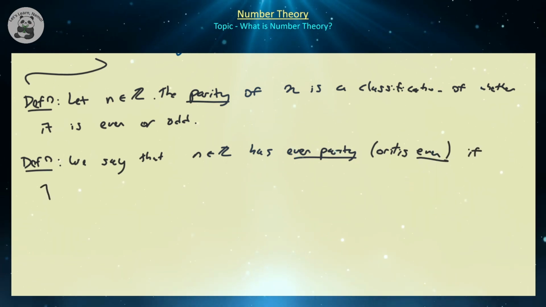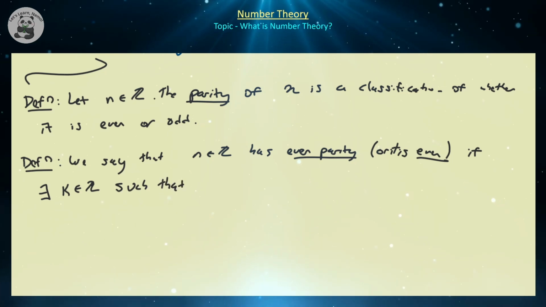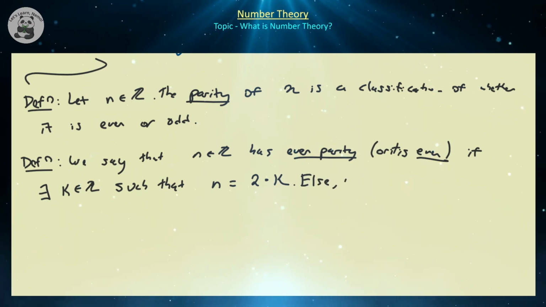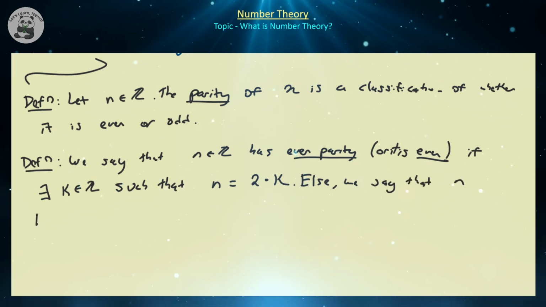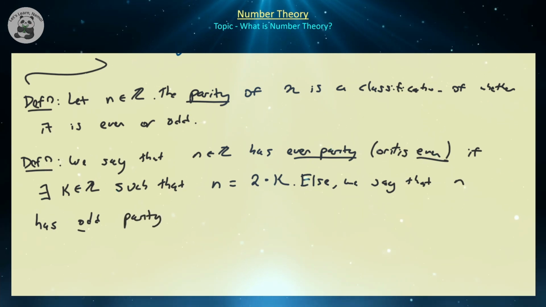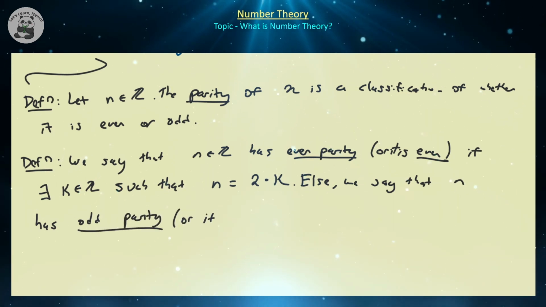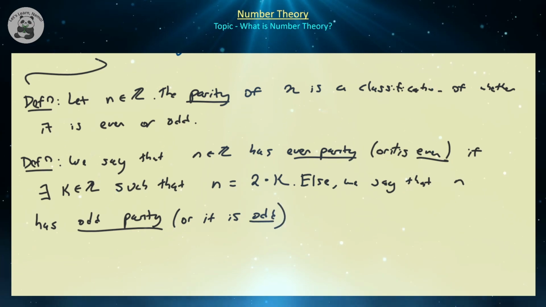It is even if there exists some other integer, possibly other integer, k, such that n can be represented as the product of 2 times that arbitrary integer. Else, we say that n has odd parity, or it is odd, simply.